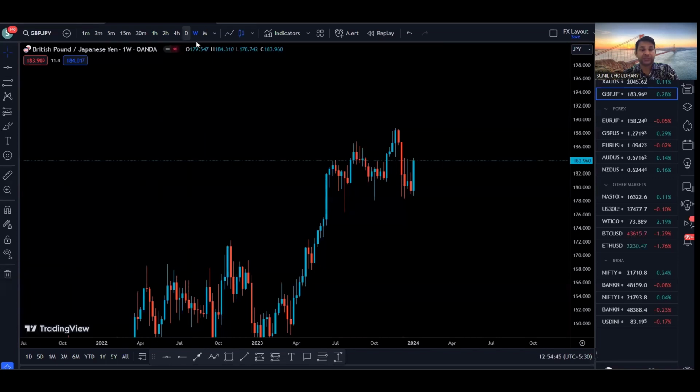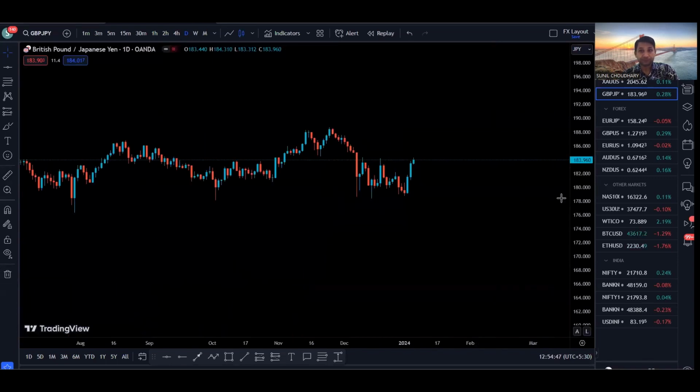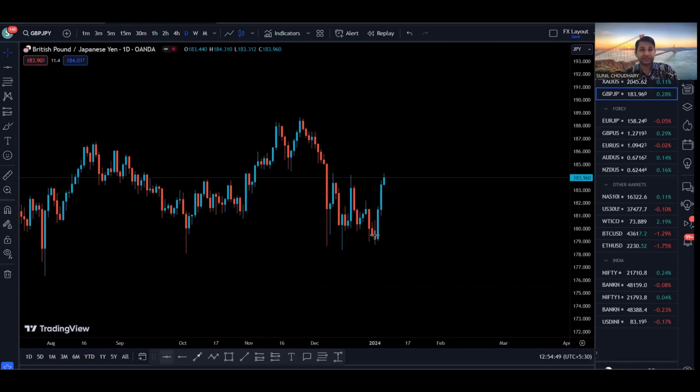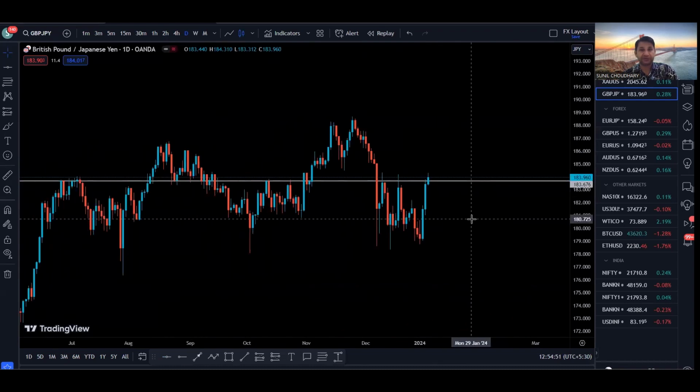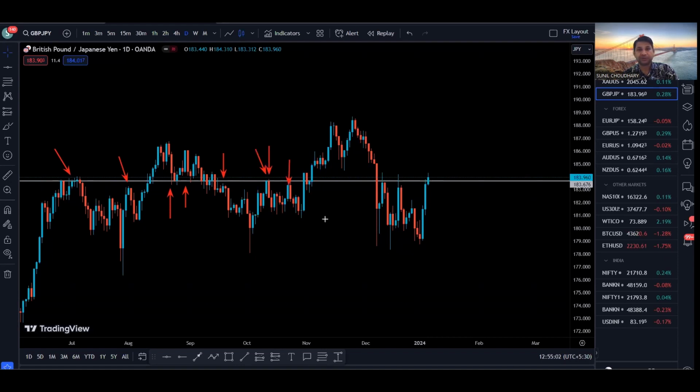Now let's go to the daily time frame. On the daily, we can see that we have this level, which is the resistance. Now if we look here, we can see resistance, support, resistance, resistance, and we had resistance.